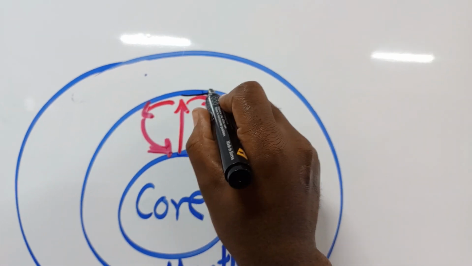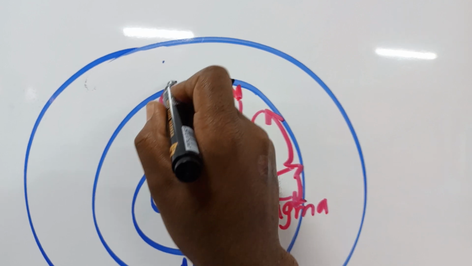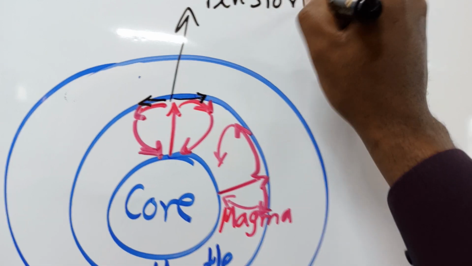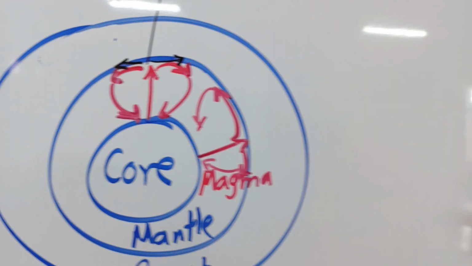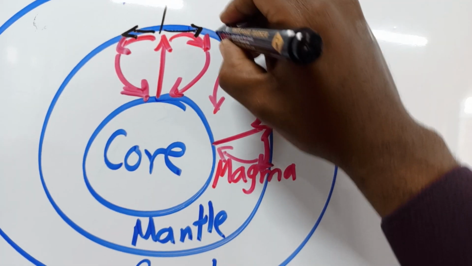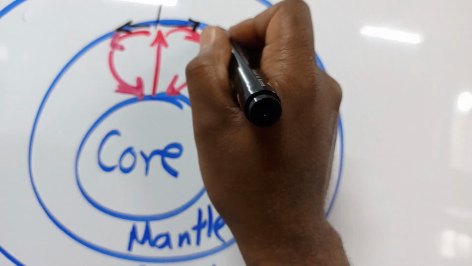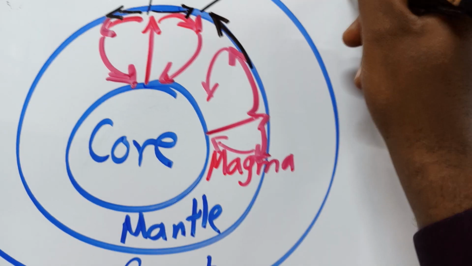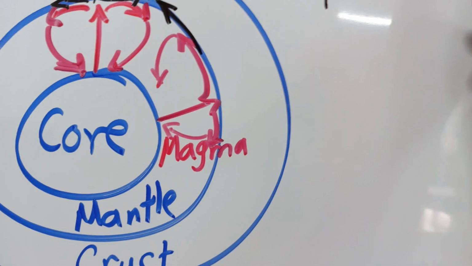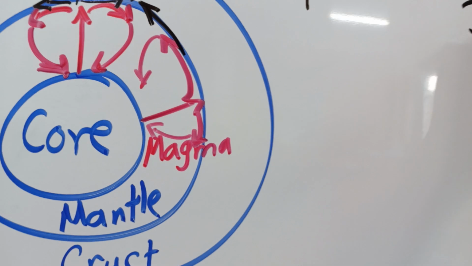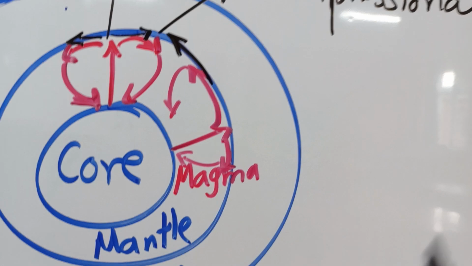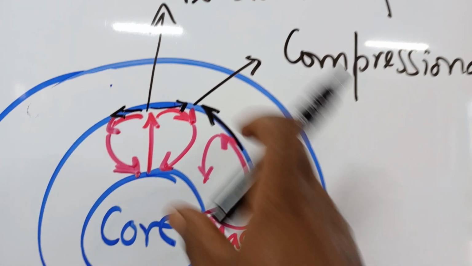There's this, it is tensional force, so moving apart, one side, another side, and this in here, see this is coming here and this is coming here, called compressional force. So these forces are being applied to the crust.